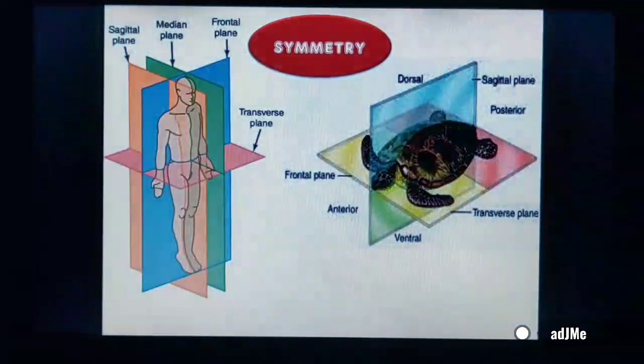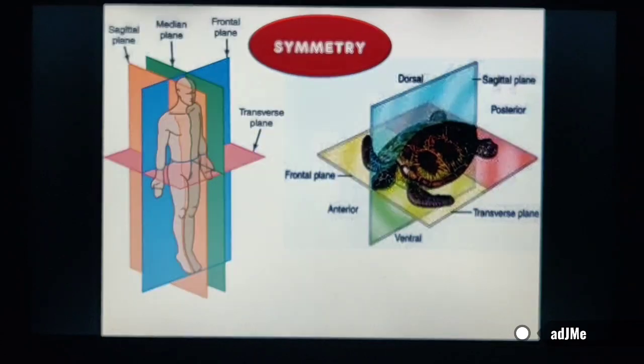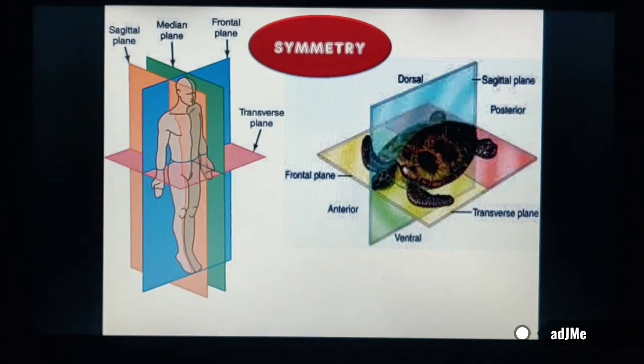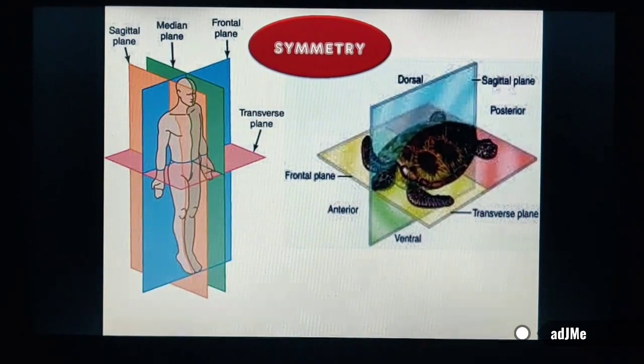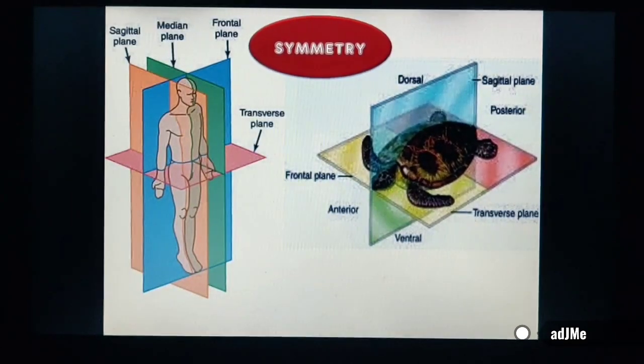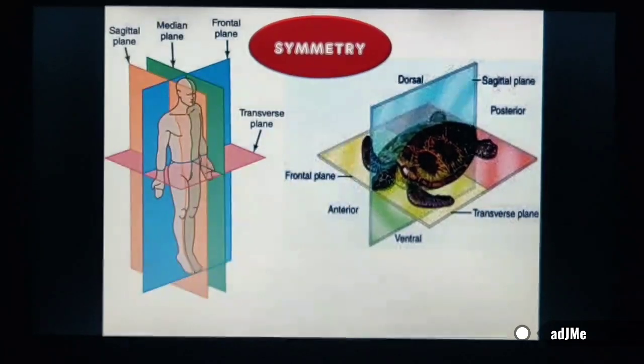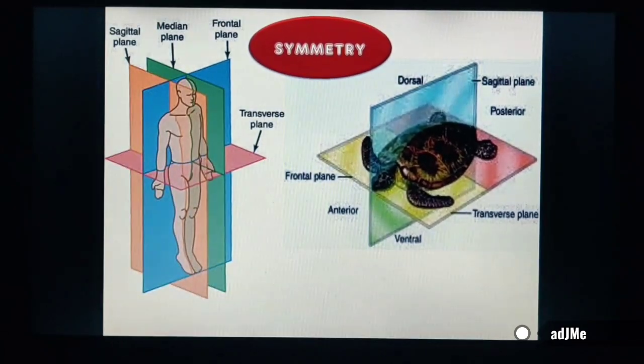First let me say what is meant by symmetry. Basically you find different planes. If you look at that picture, you can find the frontal plane, transverse plane, medial plane, etc. An animal or a living organism can be divided into various planes.